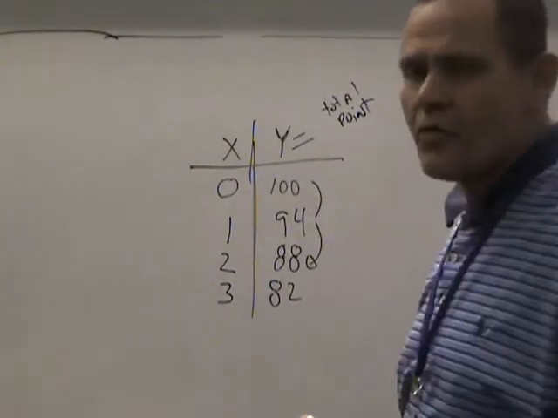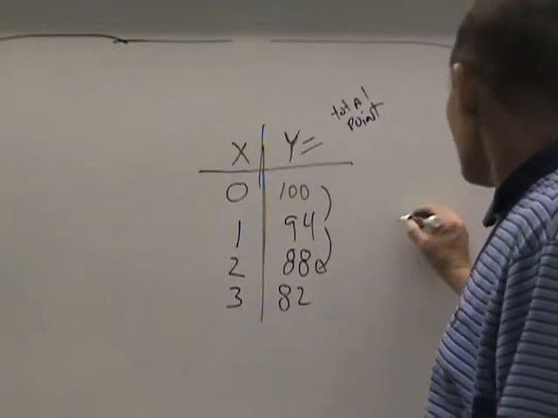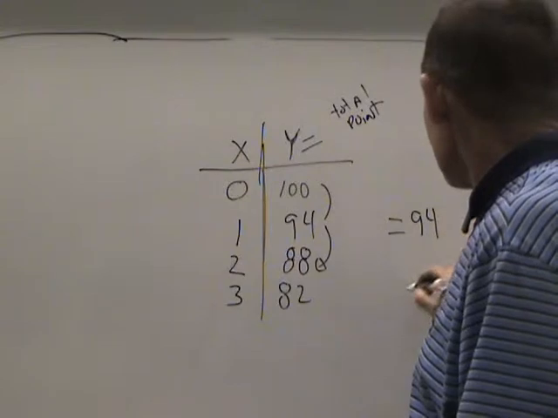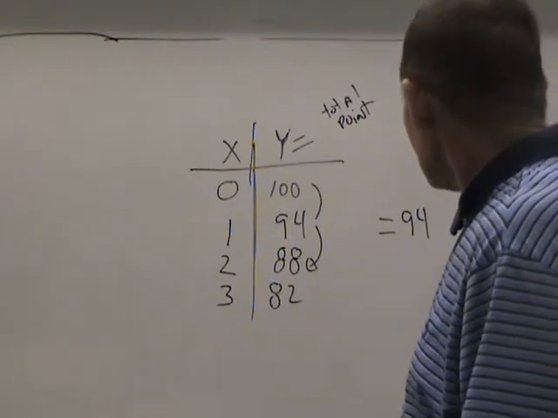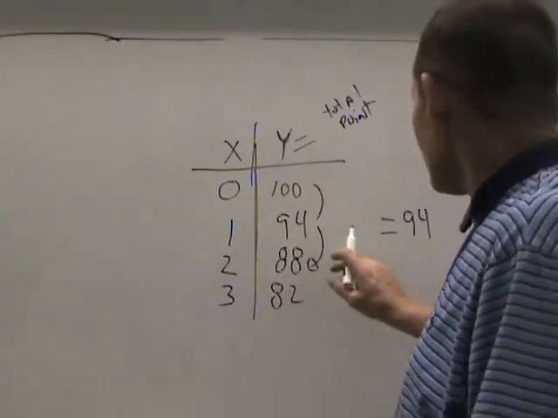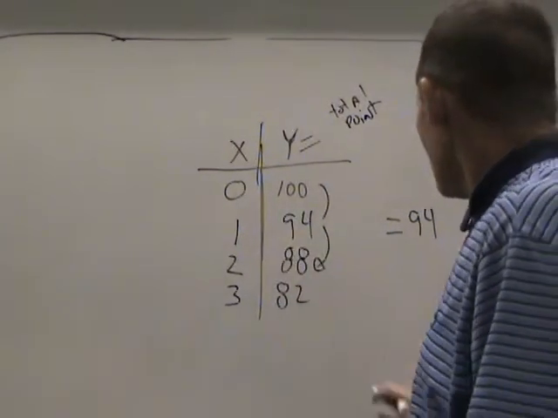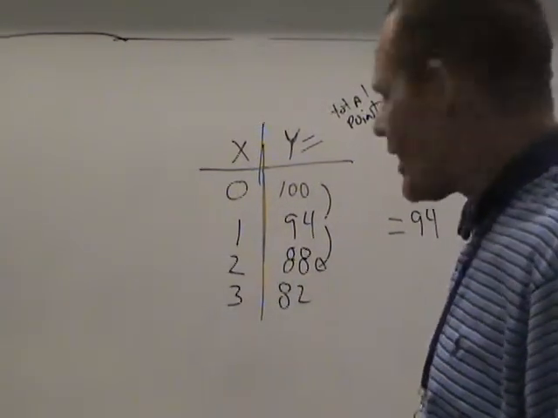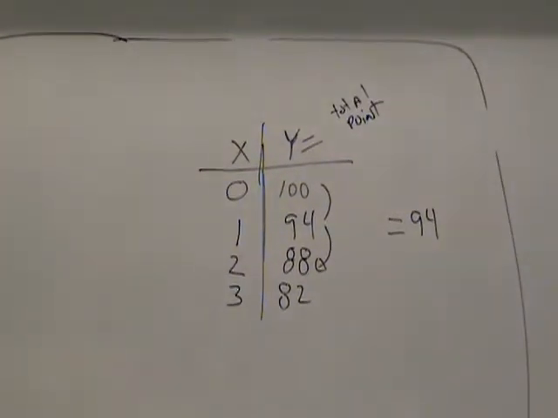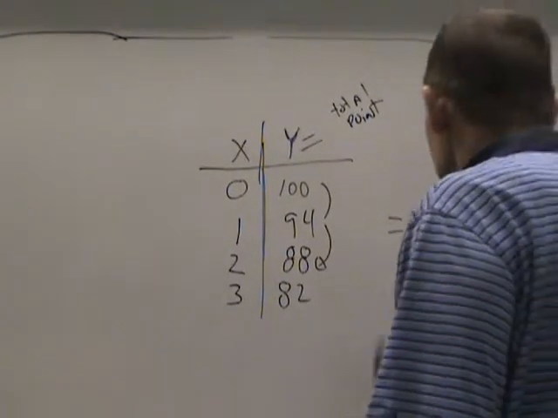How can I make a formula now is the question. Well, what equals 94? How did it get to 94? Something times 1 minus the beginning amount. Can you still see down here, Keisha?